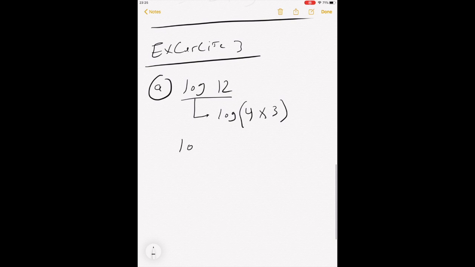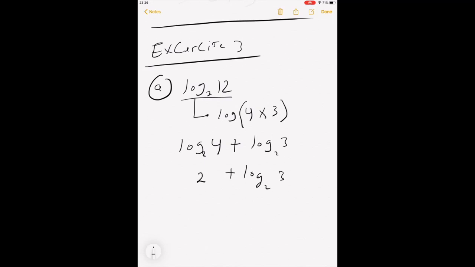That means log 4 plus log 3, and then log 4, in this case you got everything in the base 2, so log 4 is going to be 2 plus log to the base 2 of 3.